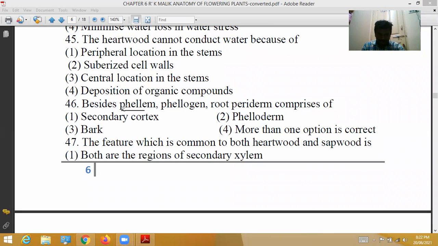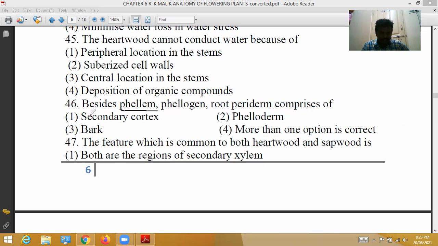Now the 46th question: besides phellem and phellogen, the root periderm comprises what?